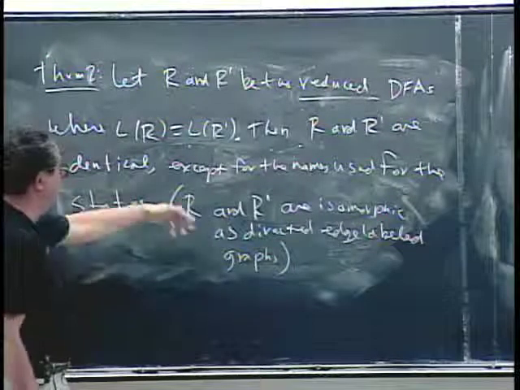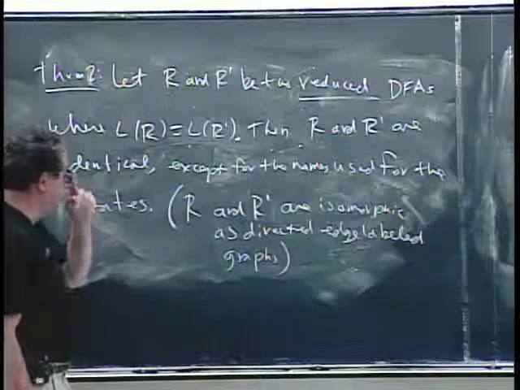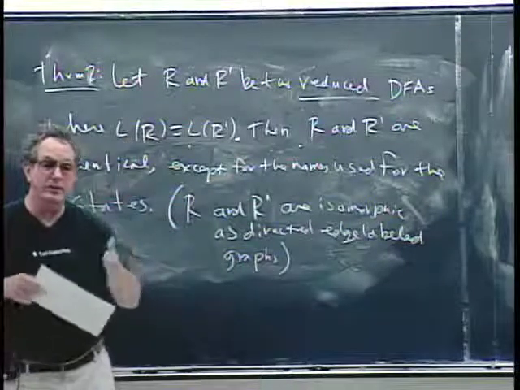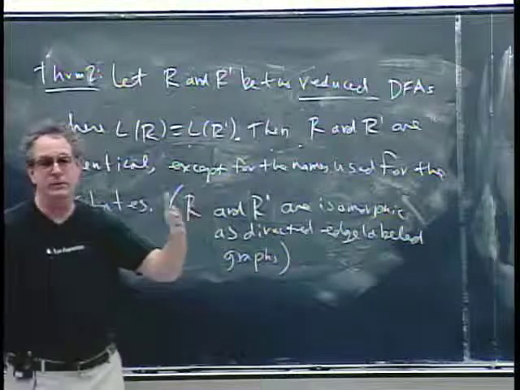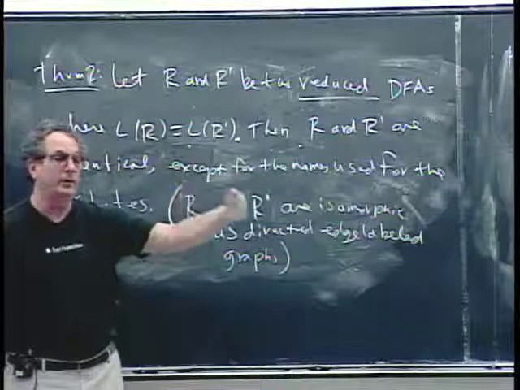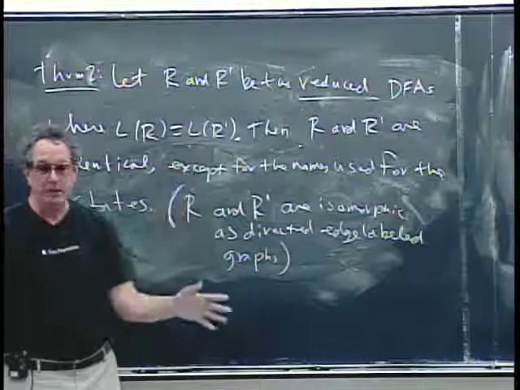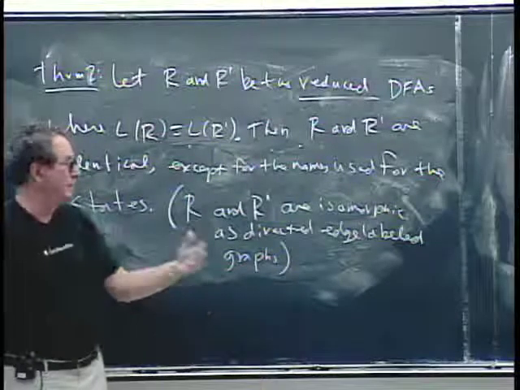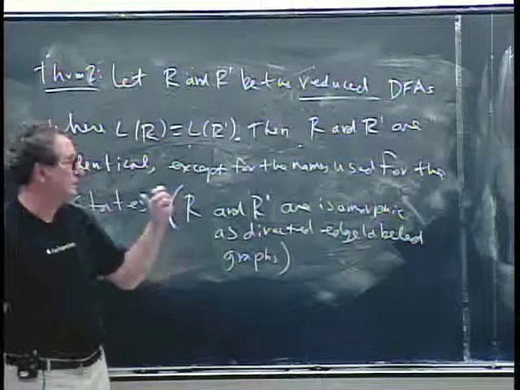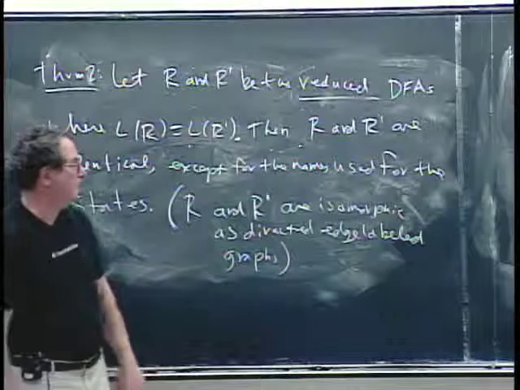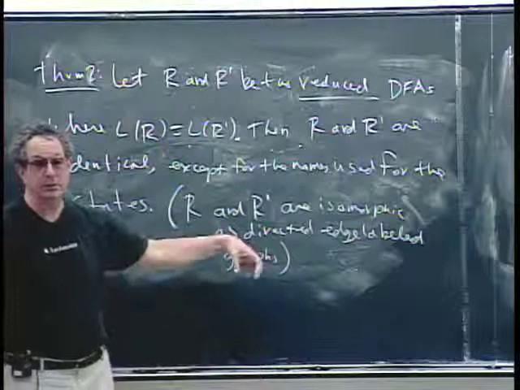Okay? So R and R prime are isomorphic as directed edge labeled graphs. And we did that by the successive argument starting from Q0 and Q0 prime, showing how edges in R map to identical edges in R prime with identical labels, and states in R map to indistinguishable states in R prime.